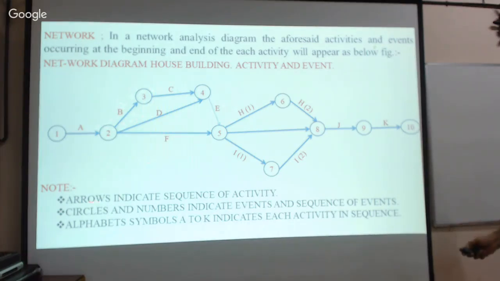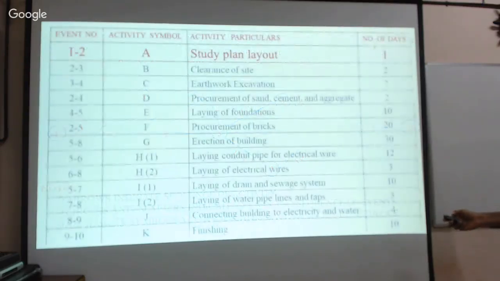Arrows indicate the sequence of activity, circles and numbers indicate the sequence of events. Alphabet symbols A to K indicate each activity in sequence, one after the other. Which work must be done after which work, we have described, isn't it? This diagram indicates the entire activity of the project, isn't it?